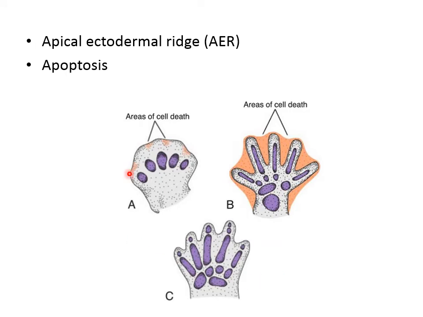This is an image of the human hand. In A, this is a 48-day embryo, we'll see how the hand looks. The cell death or apoptosis in the apical epidermal ridge creates separate ridges for each digit; these are the areas of cell death.